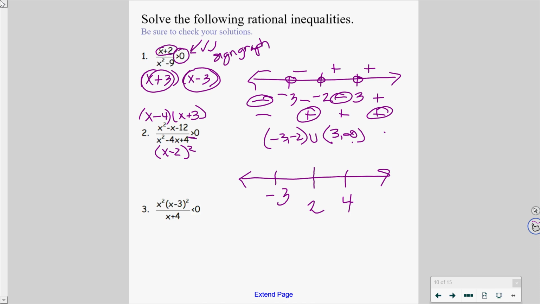Chat with each other. How many sign graphs do you think you need for this one? Least number of sign graphs.